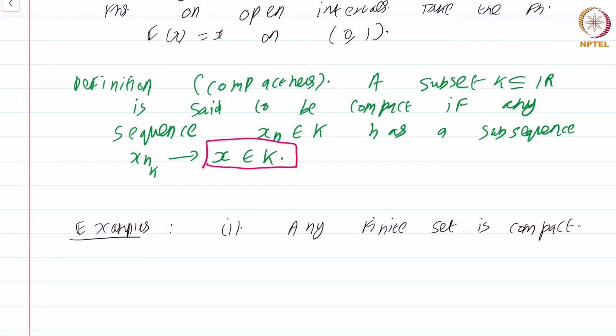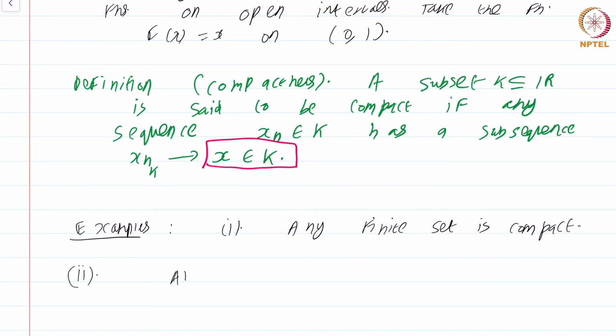Take a finite set, take any sequence. Then it is natural that one element of this finite set has to be repeated infinitely often. There is no other way that you can construct a sequence from a finite set. Therefore, you have found the requisite convergent subsequence.